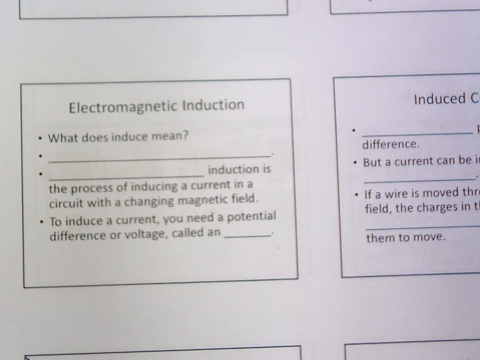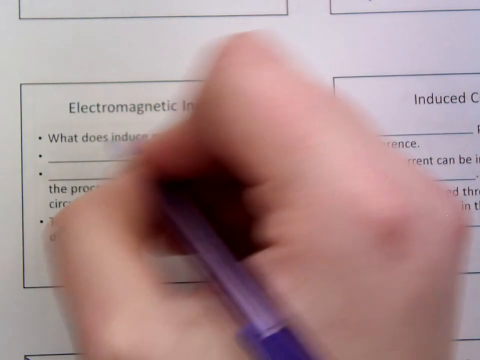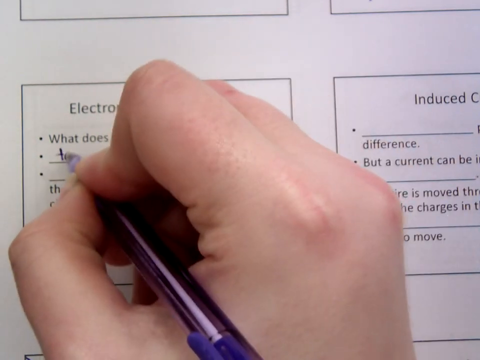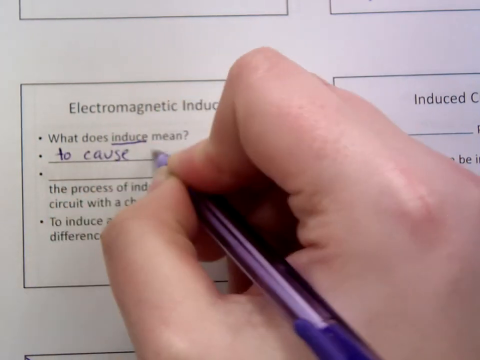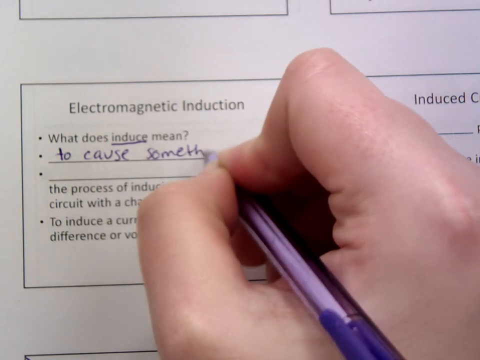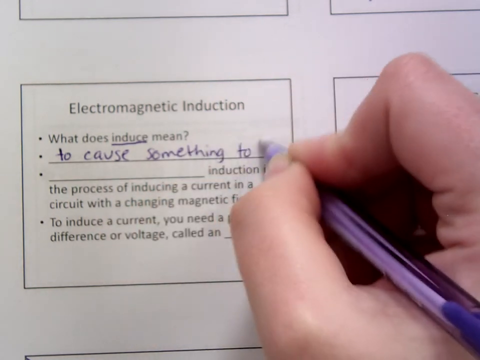So for a pregnant woman, to induce labor means to cause her to go into labor, or inducing a medical coma means to make them go into a coma for the purposes of healing. So the word induce means to cause something to happen.